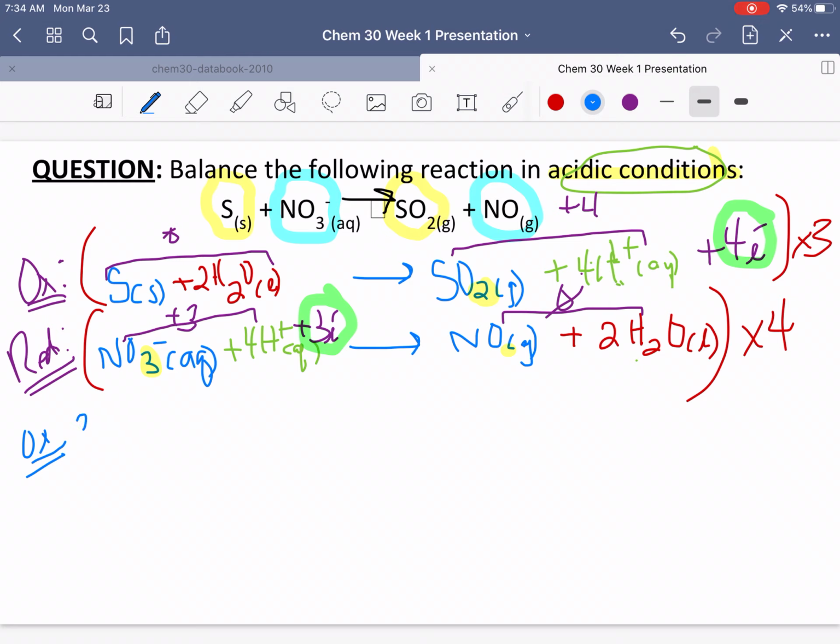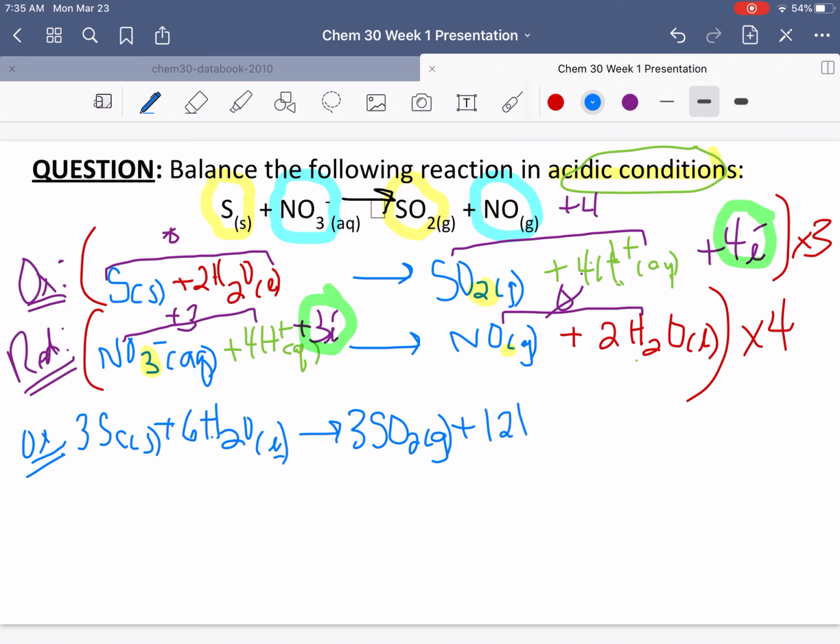We now have 3 scandium solids plus there were 2 waters, so now there's 6 H2O liquids, which is going to produce 3 SO2 gas, plus we had 4 H pluses, so now we have 12 H plus aqueous, and our 12 electrons being produced.